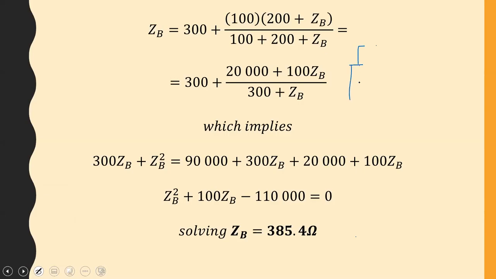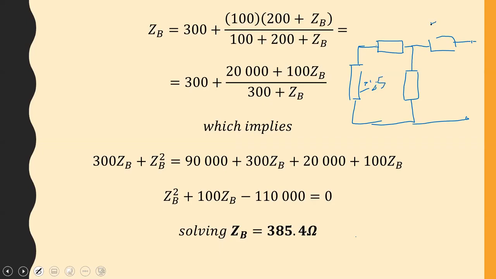So you put in the 385. This would be a 300. This would be a 200. That's your 100. We're saying just find the impedance seen looking in here. And do the reverse for the other one. This is just to build your own confidence in terms of what we have been doing.